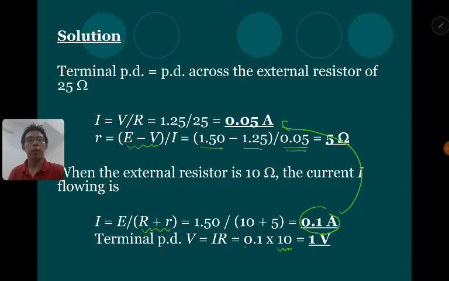So we have 0.1 the current times R, then we get 1 volt. That means now 0.5 volt is the PD caused by the internal resistance. Okay, that's 0.5.